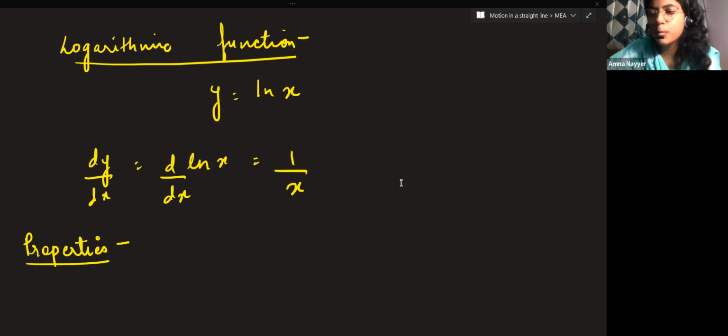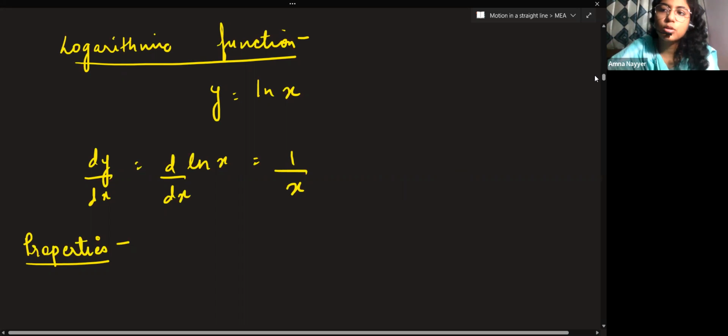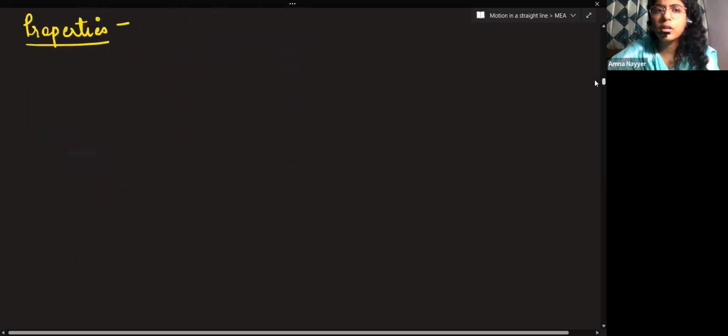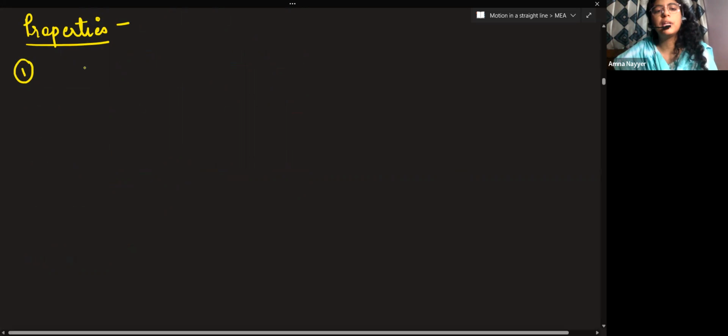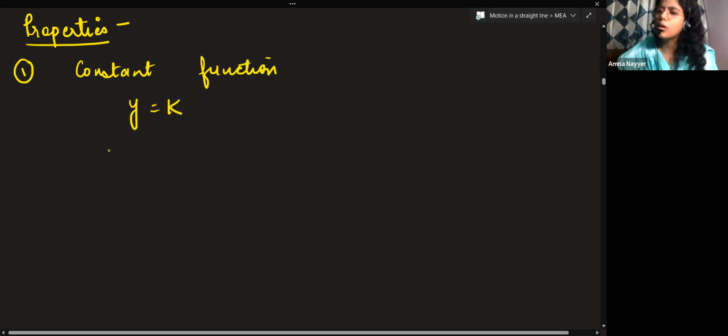All right, now a few properties of differentiation. So first property is very easy. If you have a constant function with you and you have to differentiate it, whatever is the answer on differentiating, that will be simply zero. Constant function means, let's say y is equal to capital K. This is your constant function.